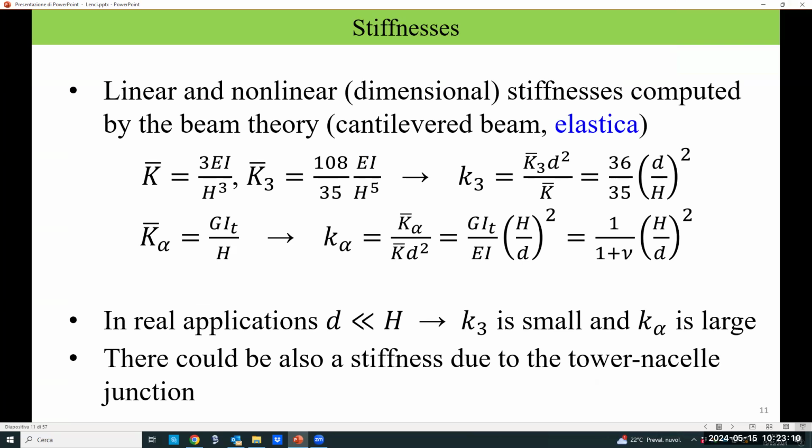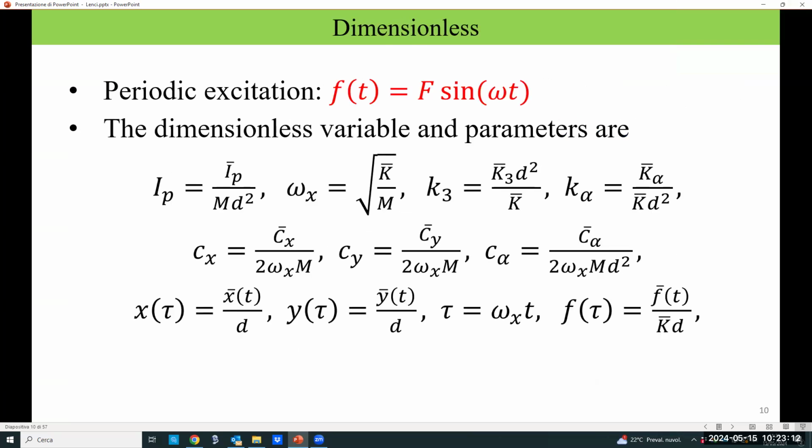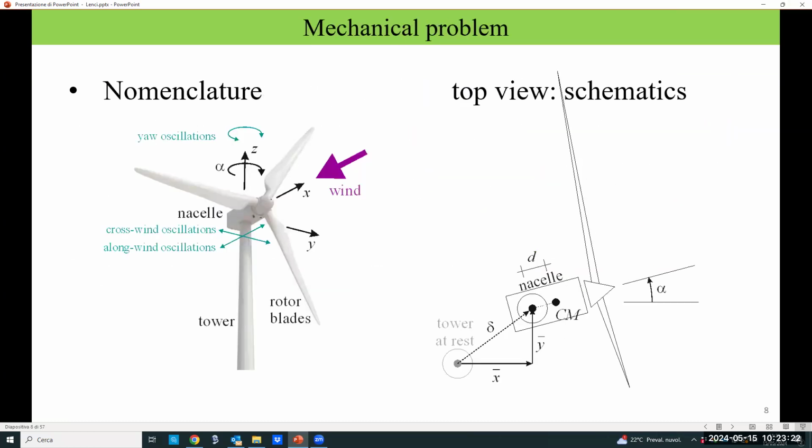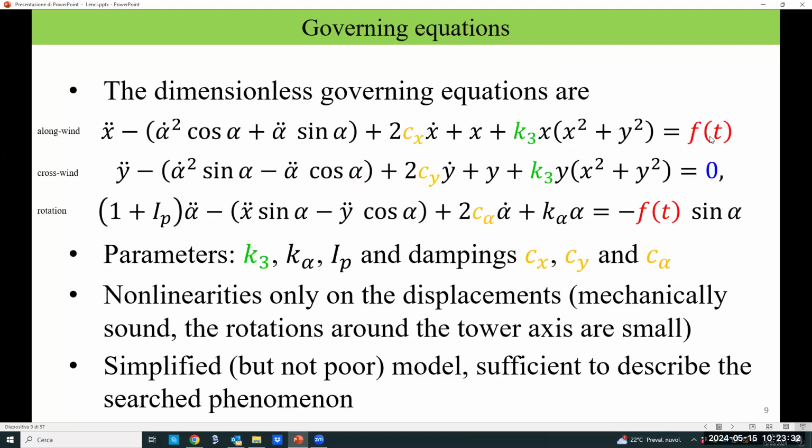I wanted to ask if there could be a drag force along the x direction and a lift force along the y direction as well. No, because, let's say drag is this one, along x. And there is indeed just this one, F, you see?